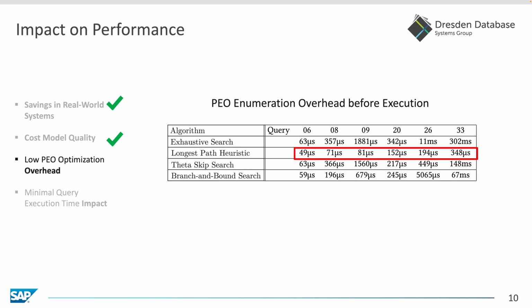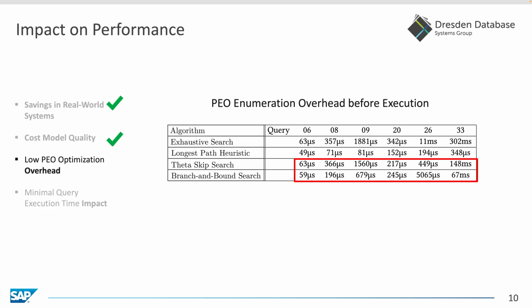And if we now compare this to the longest path heuristic, which only considers one particular PEO, but also is most of the time very close to the optimum, we also only have double-digit microseconds for low complexity queries, but in query 33, we have an enumeration overhead which is 4 orders of magnitude smaller than the enumeration overhead of the exhaustive search.